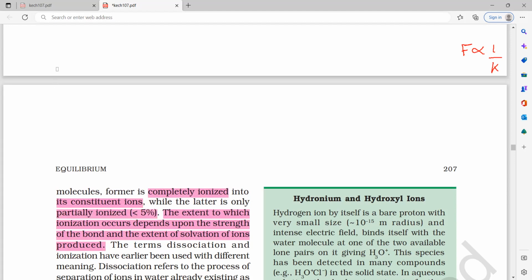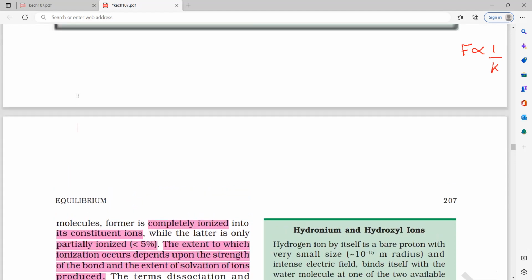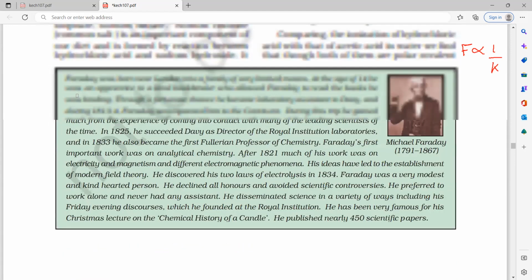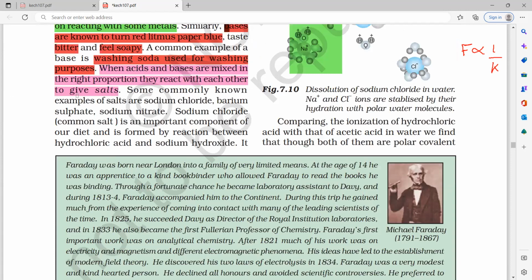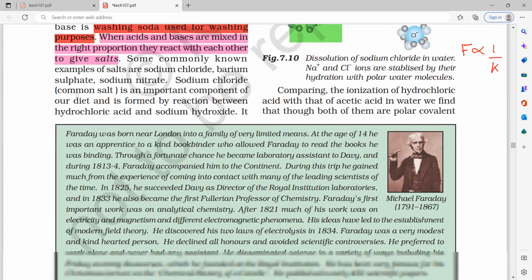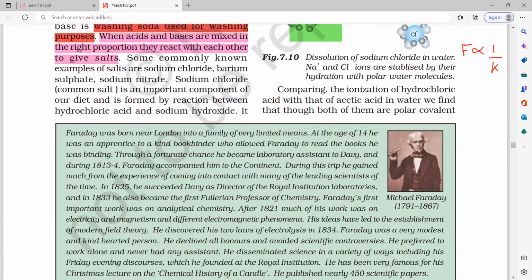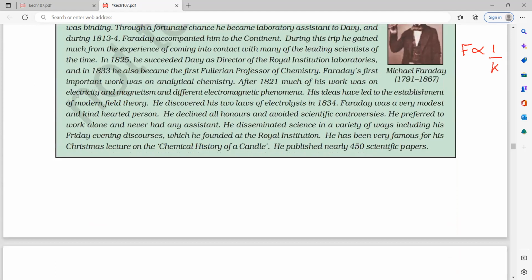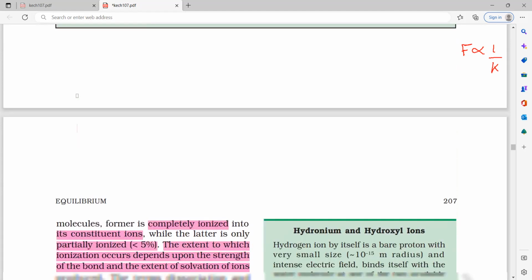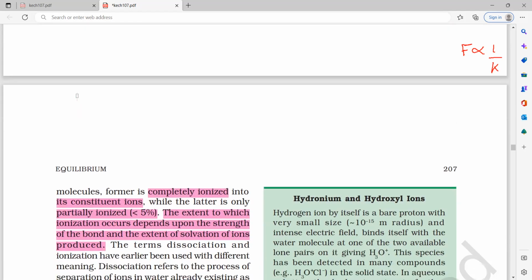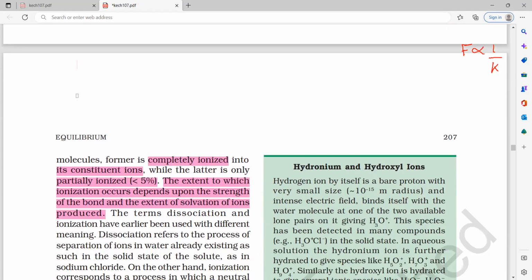Here the former is HCl and the latter is acetic acid, because HCl is completely ionized since it is a strong acid, while acetic acid is a weak acid.